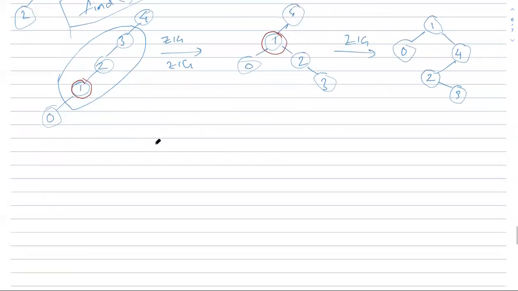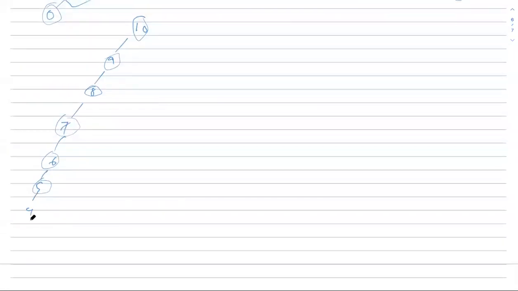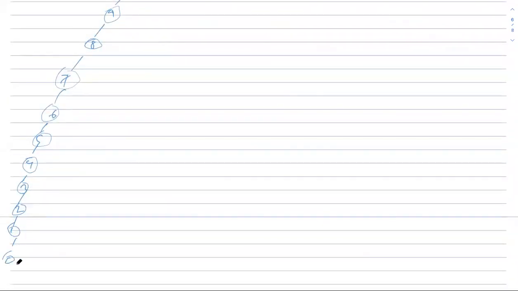Now let's do this for the example of starting from 10, 9, 8, 7, 6, 5, 4, 3, 2, 1, and 0.